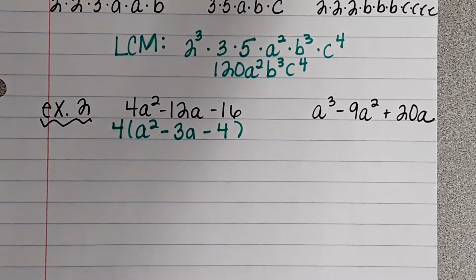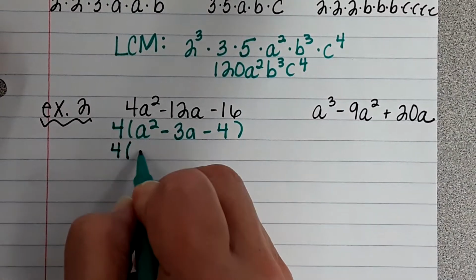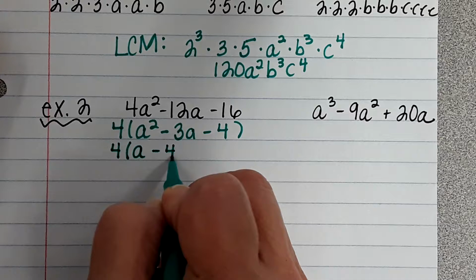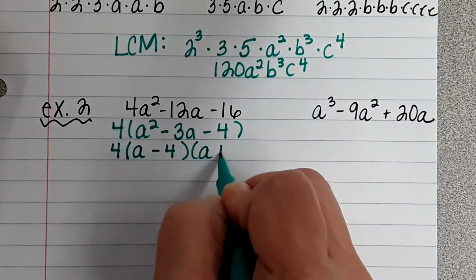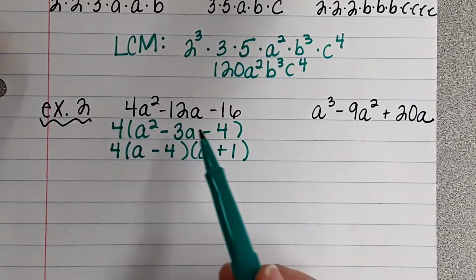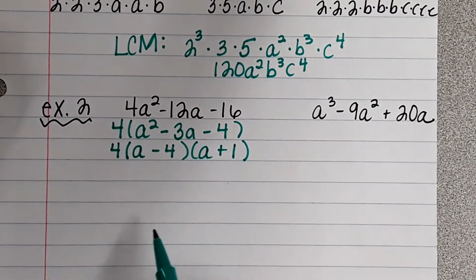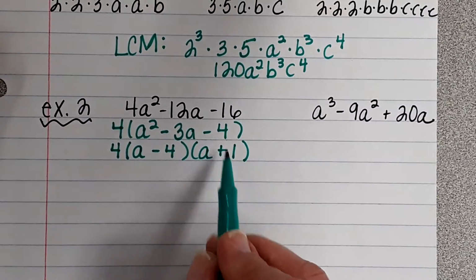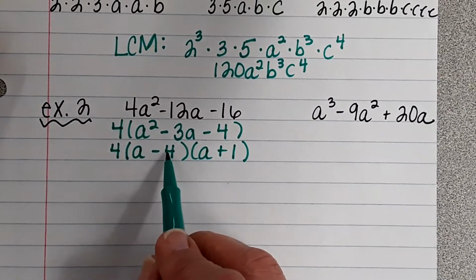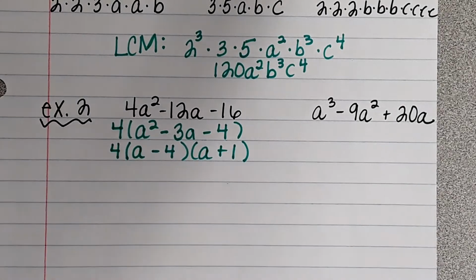Negative 4 and 1. Negative 4 times 1 is negative 4. Negative 4 plus 1 is negative 3. Okay, so we factored that.